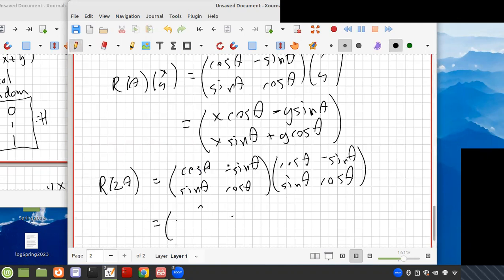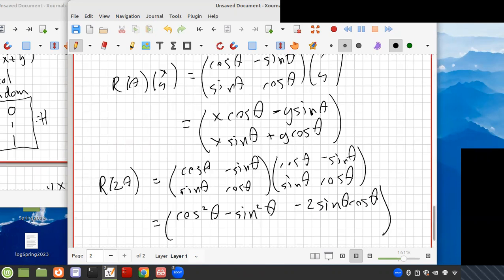What I'm going to get is this row times this column, which will be cosine squared theta minus sine squared theta, right? And then the other one here will be minus sine theta cosine theta, well, minus 2 sine theta cosine theta.